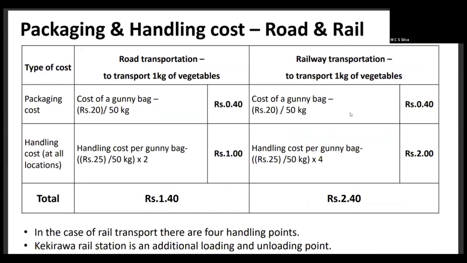So the second part is packaging and handling cost of both road and rail. Packaging cost for both scenarios is the same, that is 40 cents per kg in both methods. Handling cost is different when it comes to rail transport.